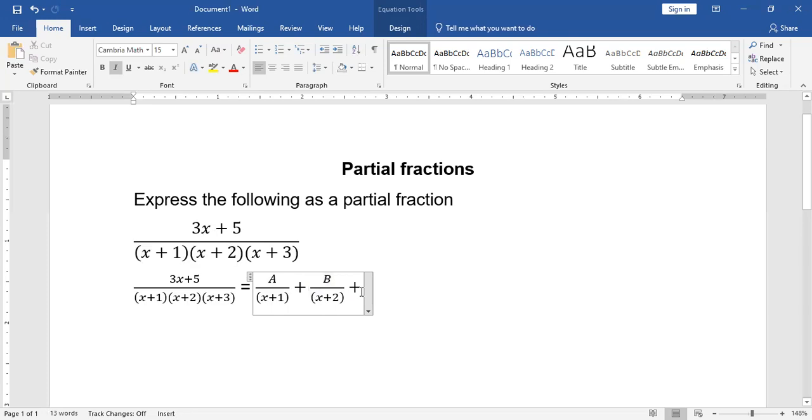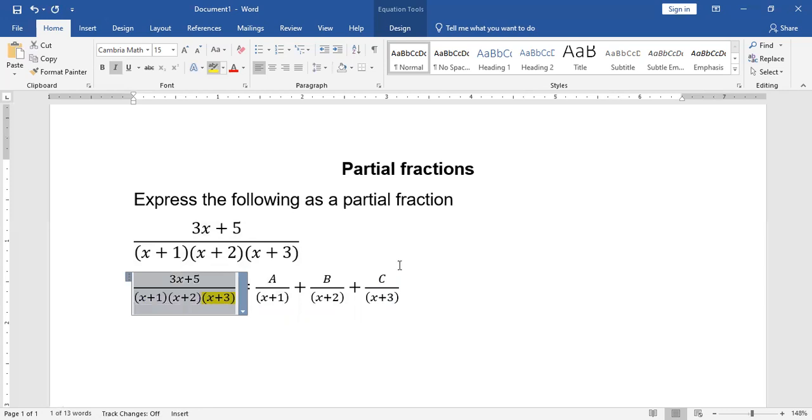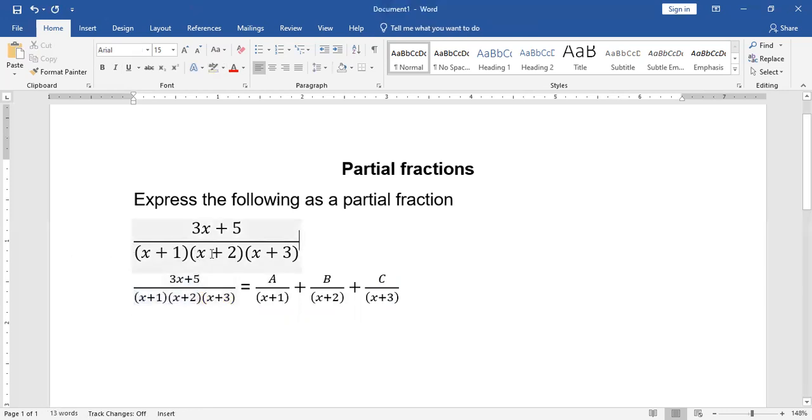The C part will be C there, and the denominator is x plus 3. I'm getting these denominators from these ones there. So we know where the denominators are coming from. They are coming from the bottom parts there.